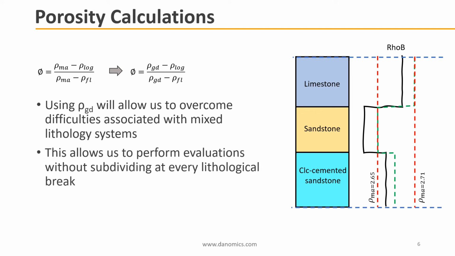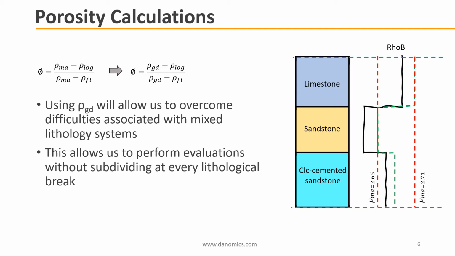And I mentioned earlier that perhaps you could just pick additional tops here. Well, that works fine if you only have a couple of extra tops to pick. But what happens if you have a lot of interbedded sandstone and limestone instead of just 2 units? Well, that doesn't scale up.